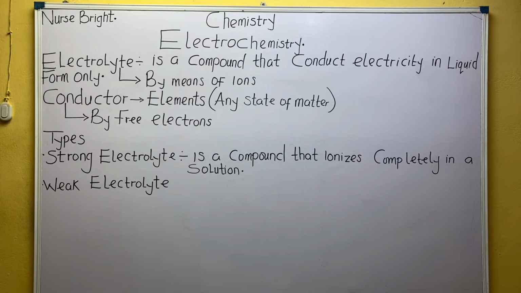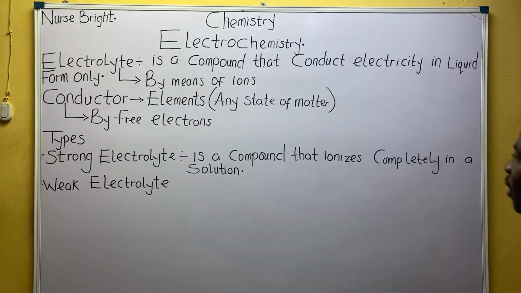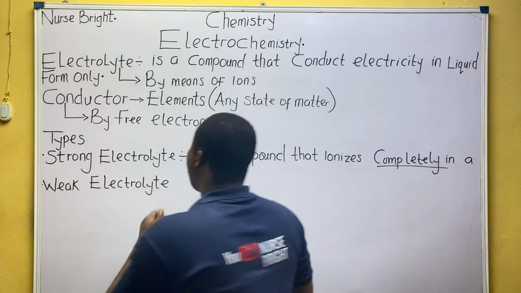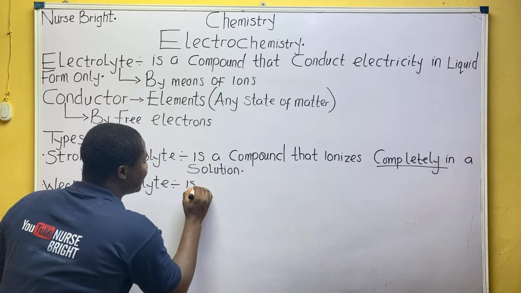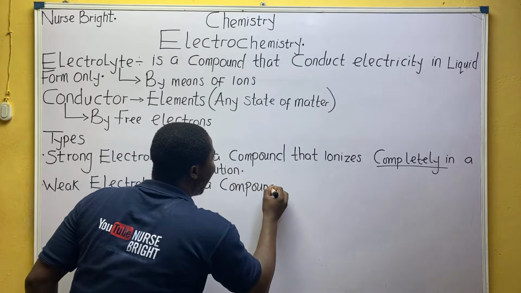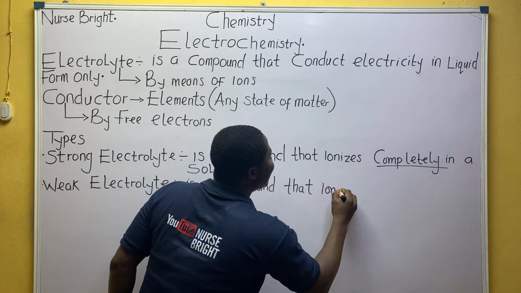So, if you want to define a strong electrolyte, we have done it already. If you want to define a weak electrolyte, it is the direct opposite of what we just said. What's the opposite of completely? A weak electrolyte is a compound as well, that ionizes partially in a solution.